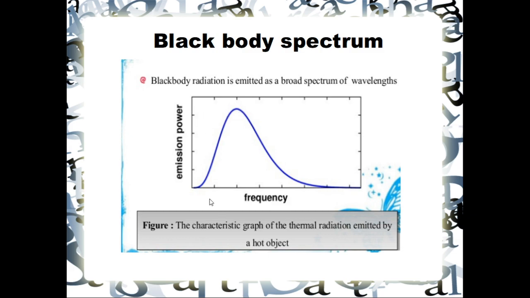In this figure, we have plotted emission power along frequency, and you can see that at a particular frequency this emission power is maximum. This is a characteristic graph of the thermal radiation emitted by a hot object.